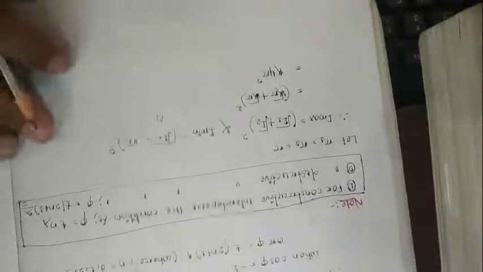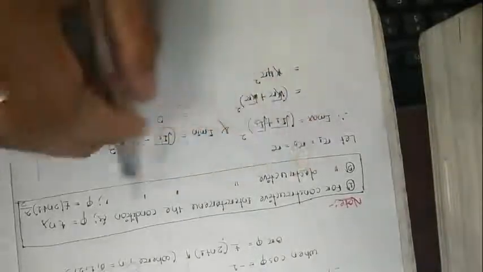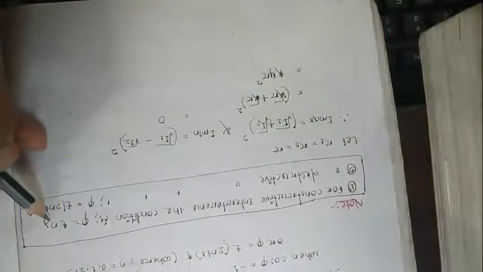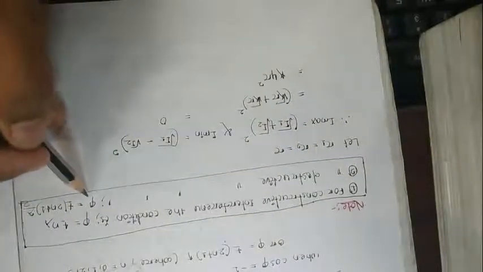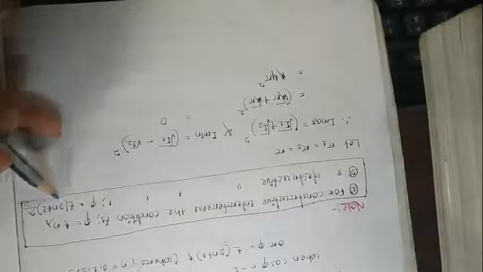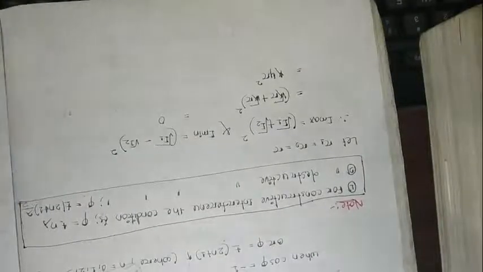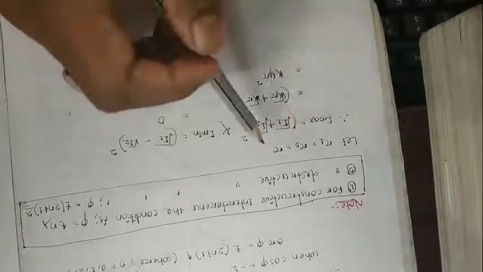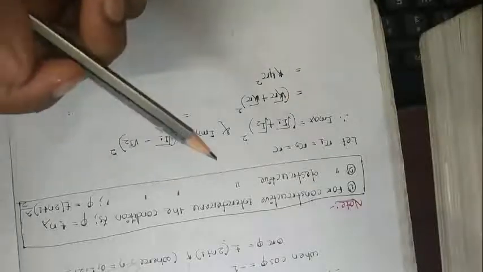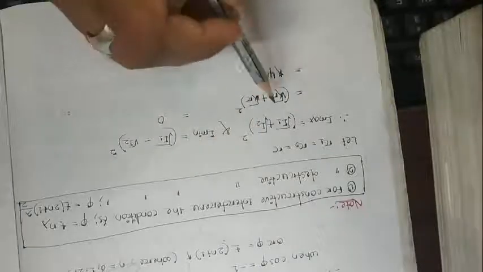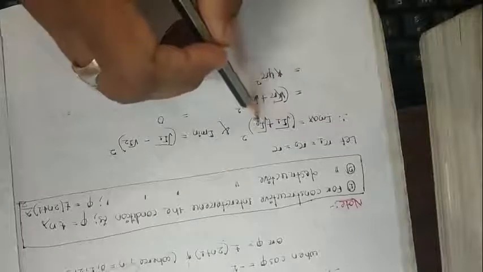So for constructive interference, the path difference has to be plus or minus n lambda, and for destructive interference, the condition is plus or minus (2n plus 1) lambda by 2. Now if R1 and R2 are the same, equal to R, then I maximum will be (root I1 plus root I2) whole square.